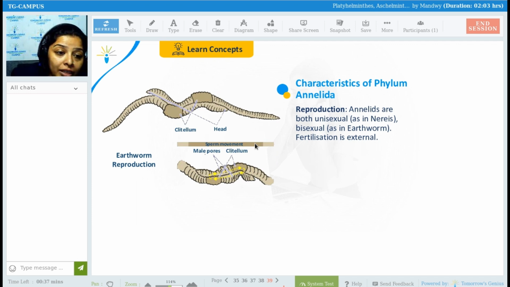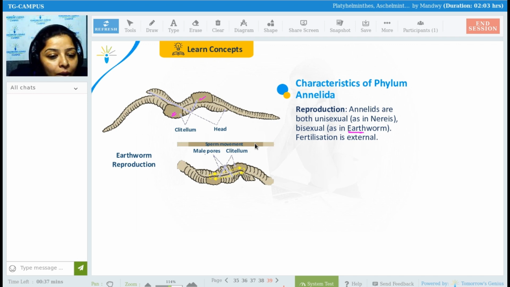Reproduction. Annelida are unisexual organisms. Most of them are unisexual except earthworm. Earthworm is a bisexual or hermaphrodite animal. So in earthworm, what will happen? They will overlap in such a way that the clitellum, someone pronounces it as clitellum, someone as lithium, okay.